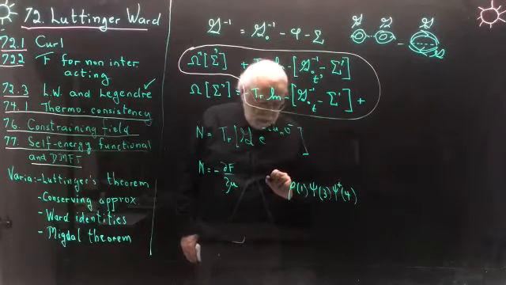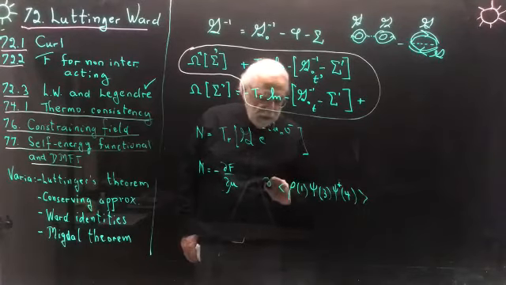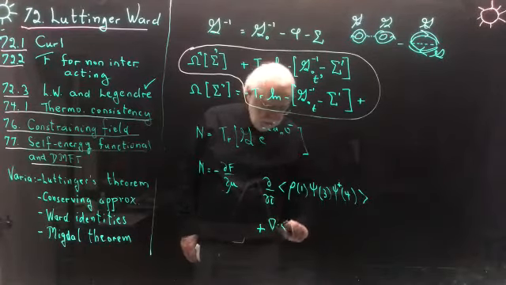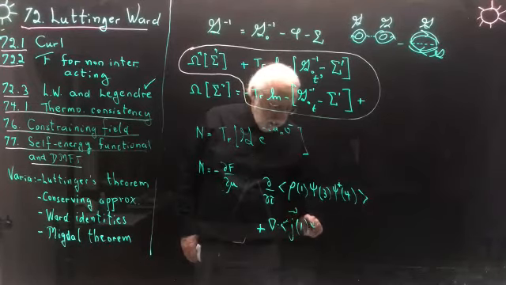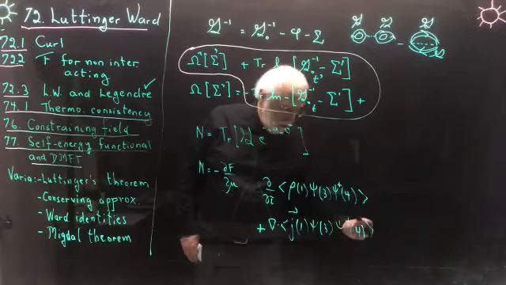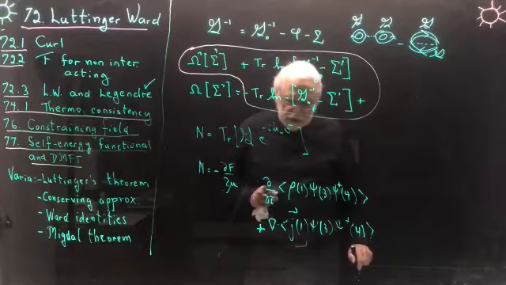Now, I have some time-ordered product, and if I take the time derivative of this, I know that there is a conservation law. So I need that ∂_τ plus the divergence of J, the current operator, times ψ(3) ψ†(4) will be equal to 0 as long as the ∂_τ acts on this.